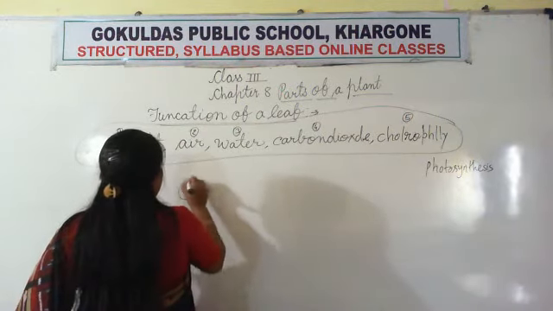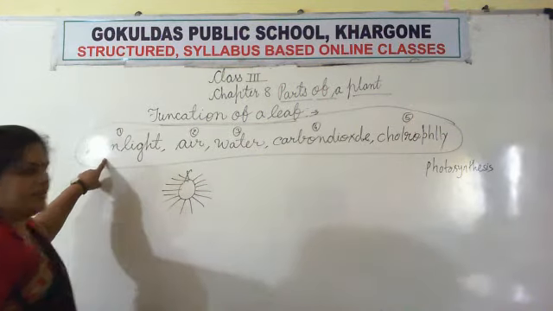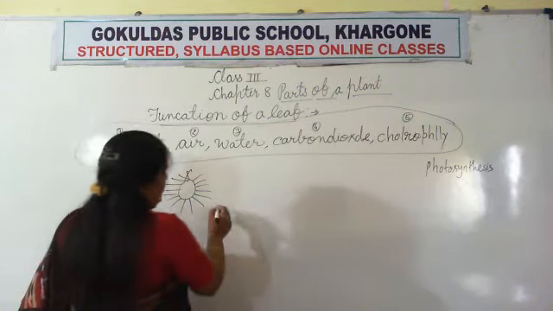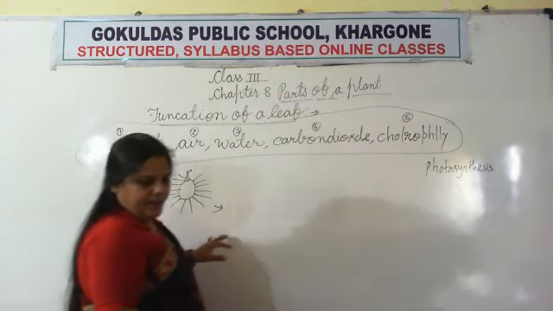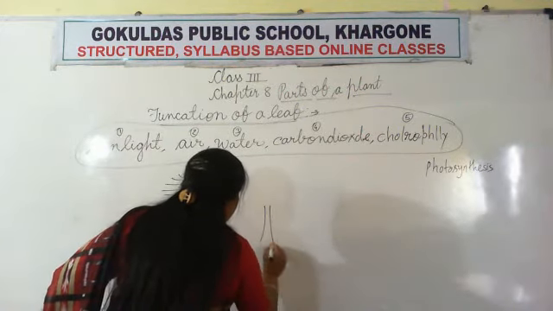Okay, so here I will draw the picture of sun, because first number is sunlight. Then I will draw the picture of the plant over here.